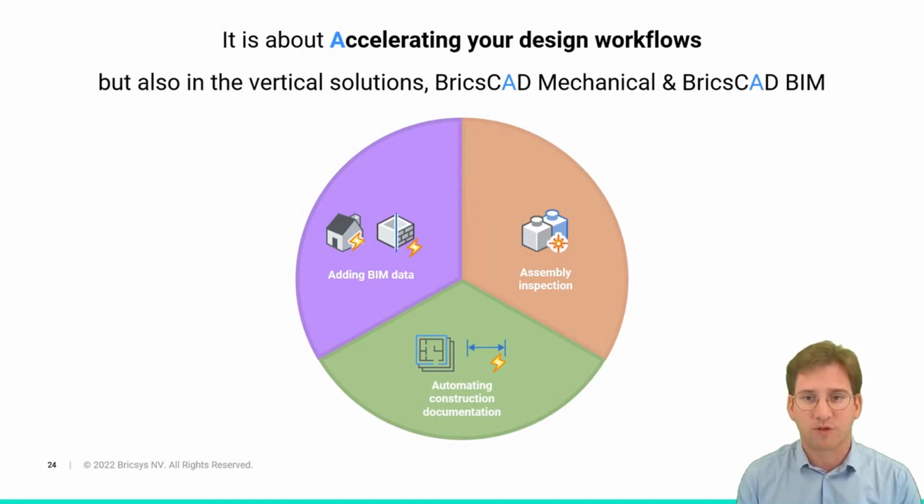And further, we're also adding automated generation of construction documentation for a 3D BIM model with tools like type plans and BIM dimension. And in a mechanical context, we are looking into design for assembly. How can we automatically check assemblability in the design phase to avoid unpleasant surprises during assembly?